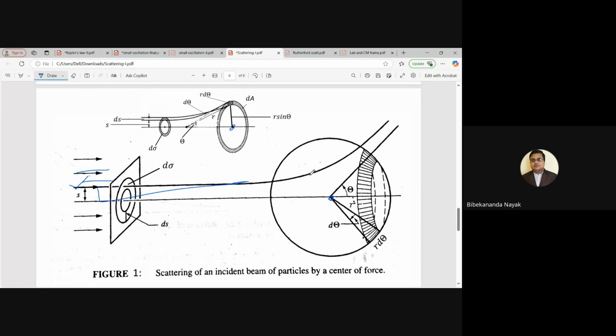And they cross through a particular area. We have collected a scattering area, d sigma, a scattering cross section. We are considering the particles which are scattered through this region only. As an area, we study the particles which are passing through this area only. If a particle passes elsewhere, we are not considering it for the d sigma case.